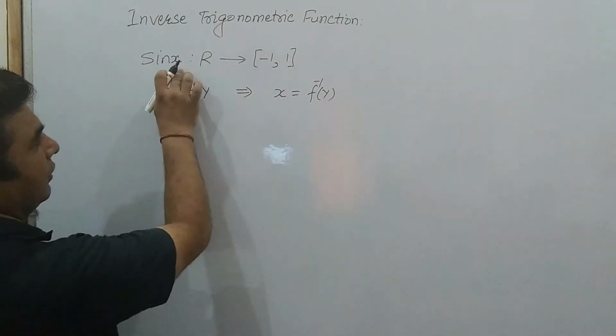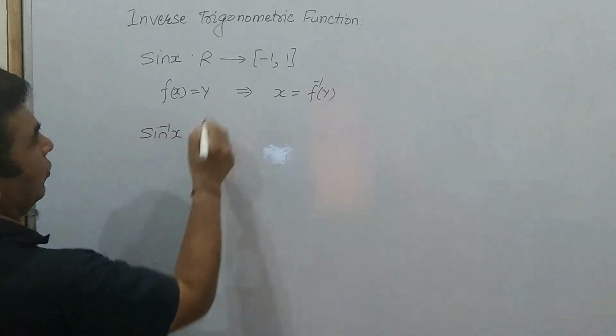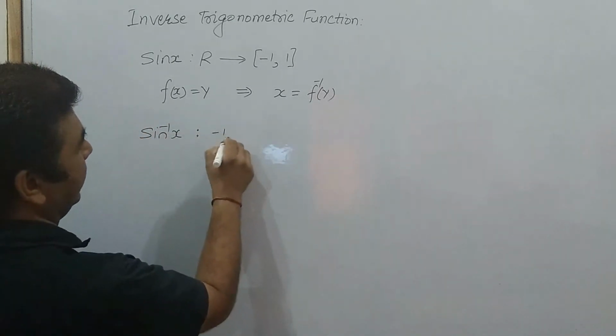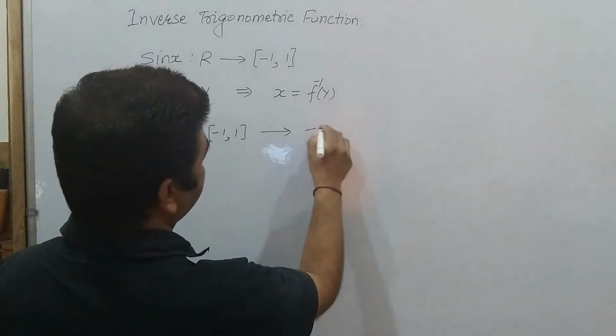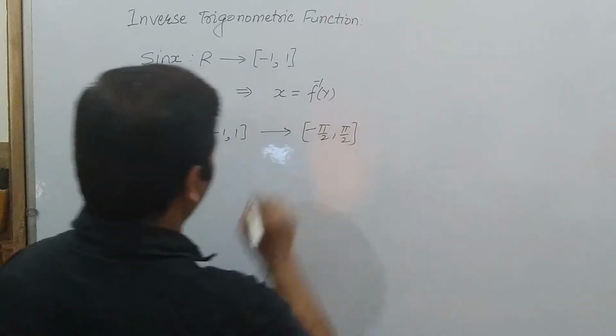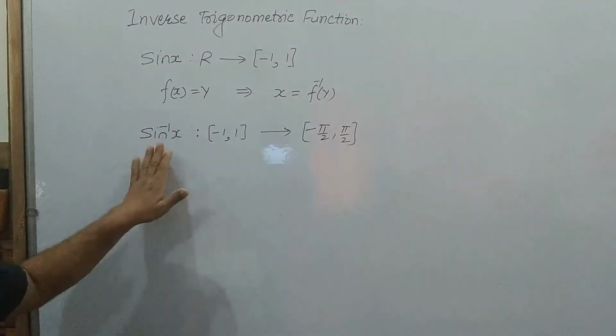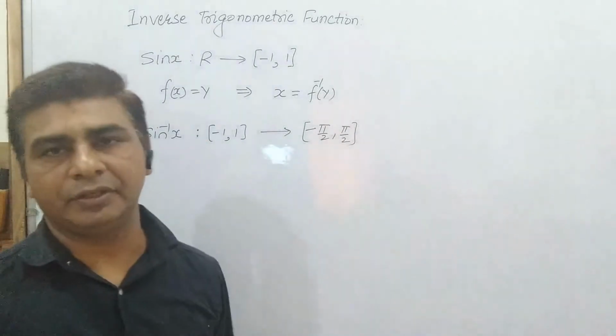The inverse of the sine function can be written as sine inverse x, whose domain will be -1 to +1 and range will lie in between -90 to +90. The range of the sine inverse function will be restricted to -90 to +90.